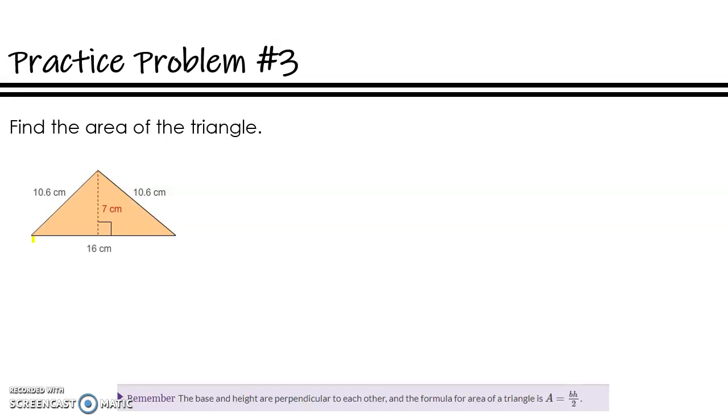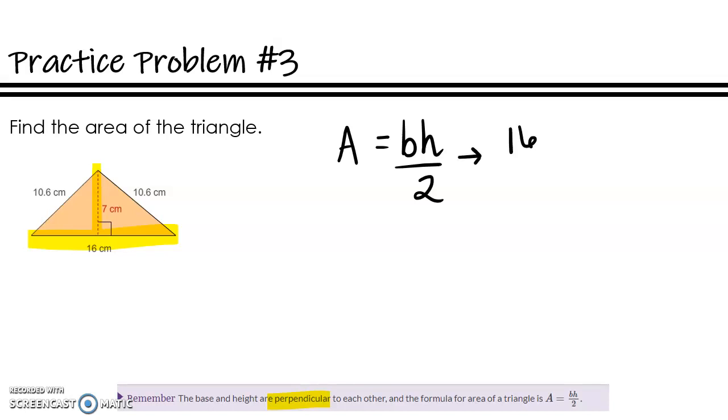Okay, so for this one, the base is 16 and the height is going to be 7 because, again, that is what makes that 90-degree right angle, which is what perpendicular means. So our formula, base times height divided by 2, because again it's a triangle. Base is 16, height is 7.